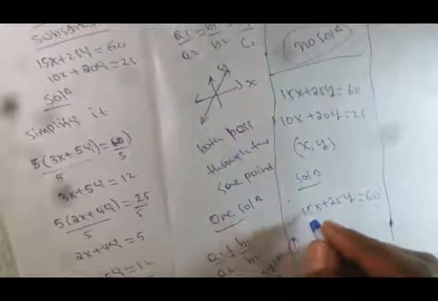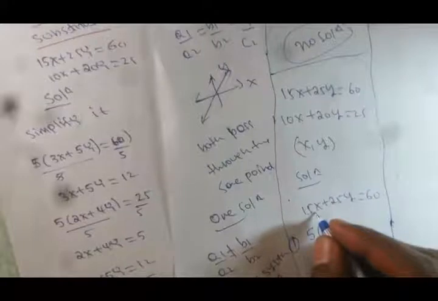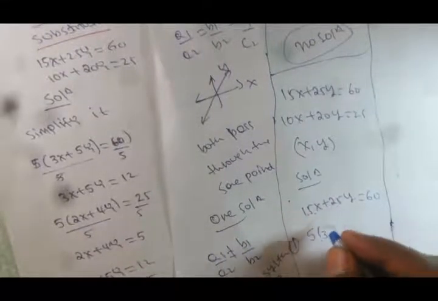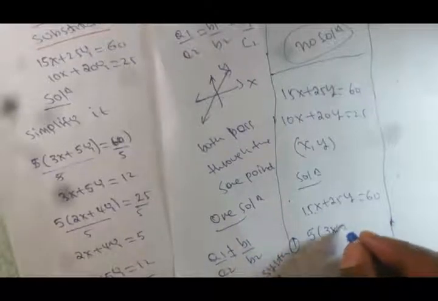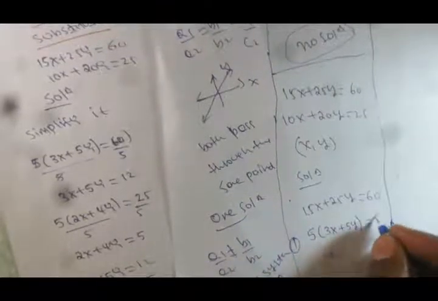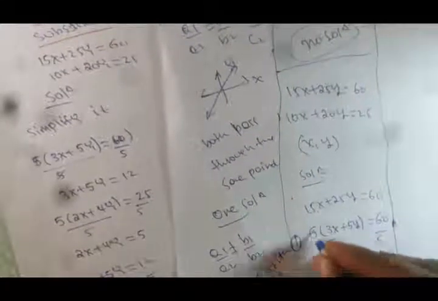Is there anything common between 15x and 25y? Yes, 5 is common. When 15x is divided by 5, 3x will be left. When 25y is divided by 5, 5y will be left, equal to 16. When we divide by 5, 3x plus 5y is equal to what?